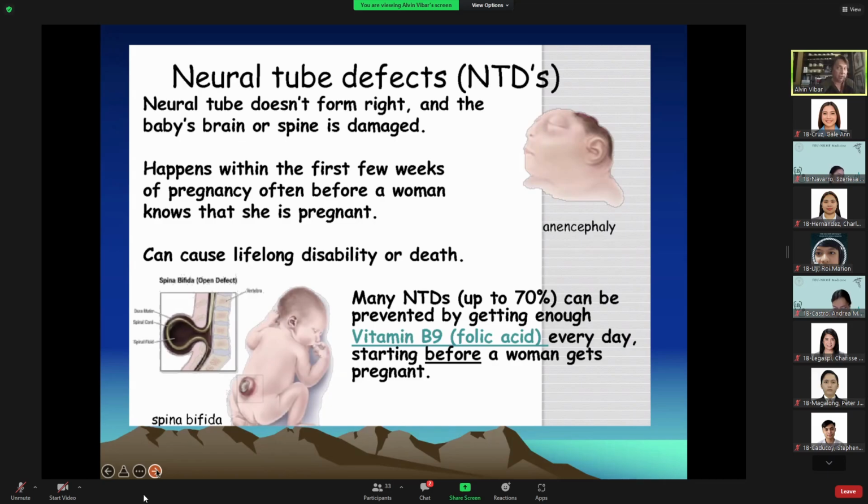And even during fetal life, pwede nang i-repair yung neural tube defects. Again, it can be prevented as much as 70% by giving enough folic acid every day, starting before a woman gets pregnant. Clear po?